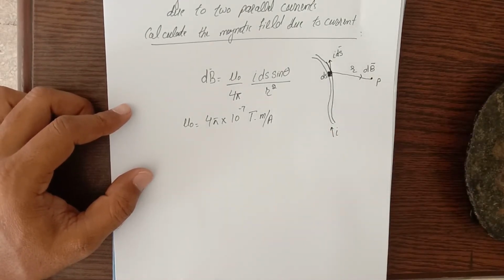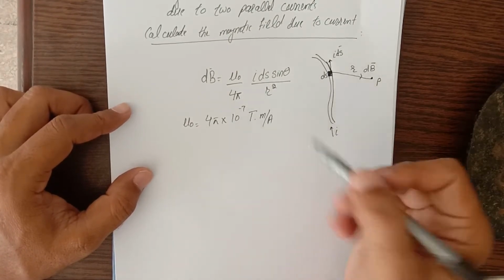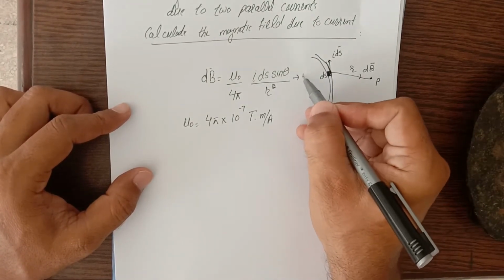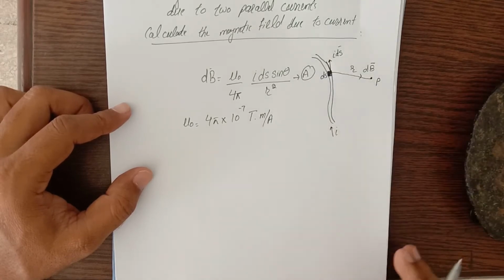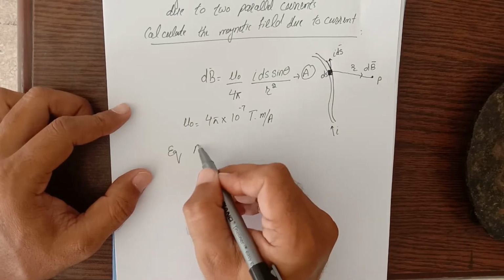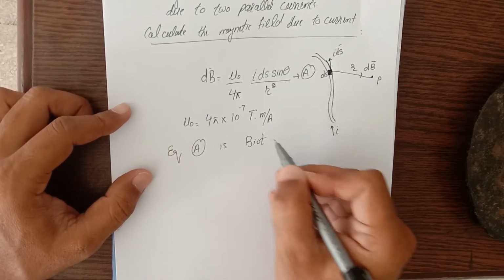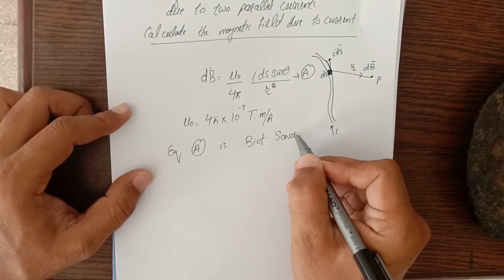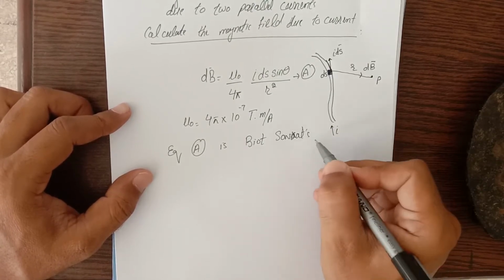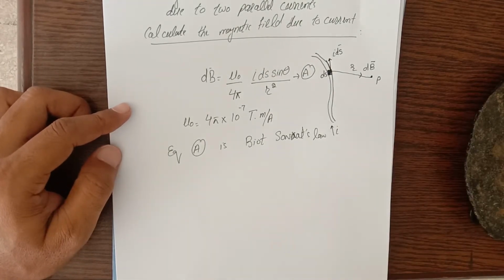This is mu naught, right? This equation, let me give it a name, equation A, basically is known as Biot-Savart's law. This represents Biot-Savart's law.